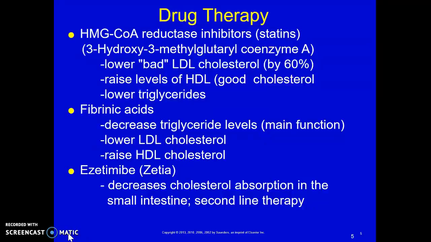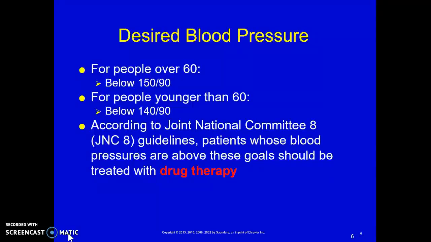Its main goal is to decrease cholesterol absorption in the small intestine. So if somebody is an overeater of cholesterol foods, then this would perhaps help those not be absorbed as well.